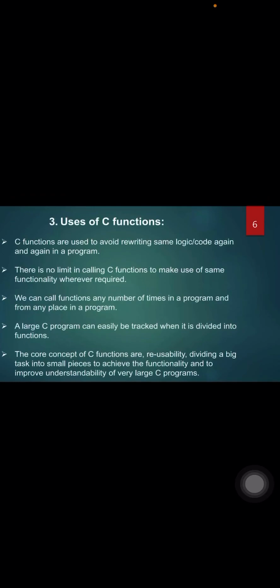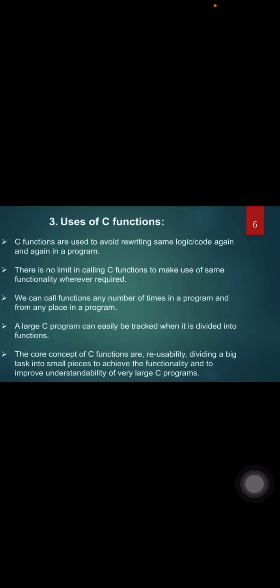We can call the same function again and again for different values. A large C program can be easily tracked when we divide it into the form of functions. Debugging is easy. We can check different parts of the program if they are in the form of functions, and we can rectify the errors easily.